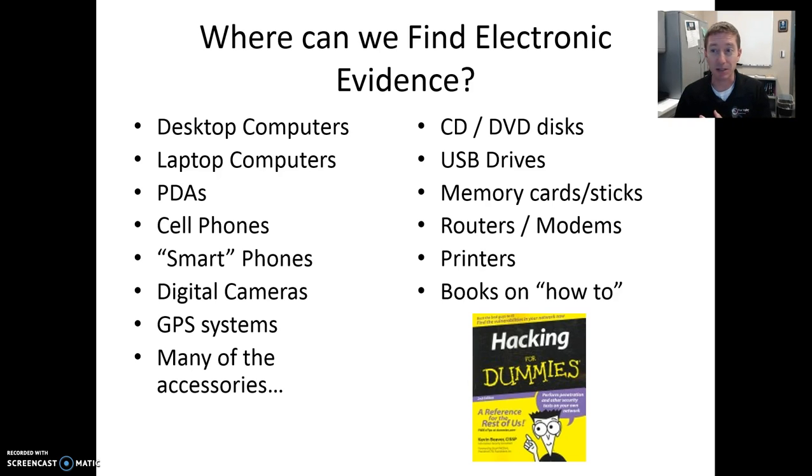Don't forget about CDs and DVDs that are burnable. If you watch that show, Mr. Robot, that's on USA Network, very interesting. Not saying you need to go out and watch it, but there's this hacker. He burns information onto CDs, and then he labels them as Pink Floyd and Aerosmith and different band names.